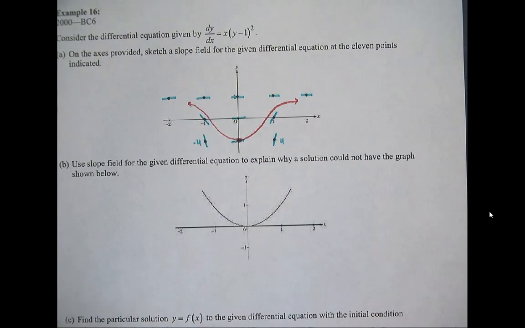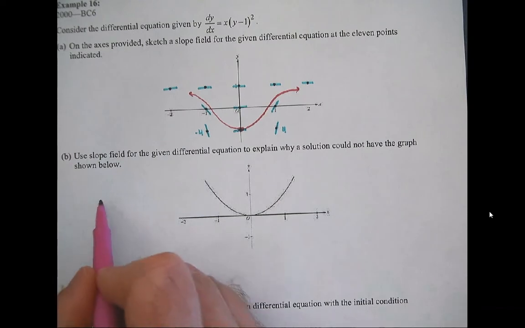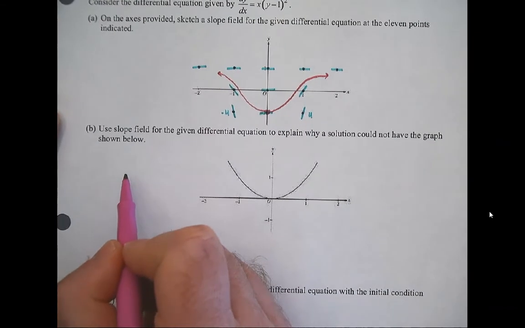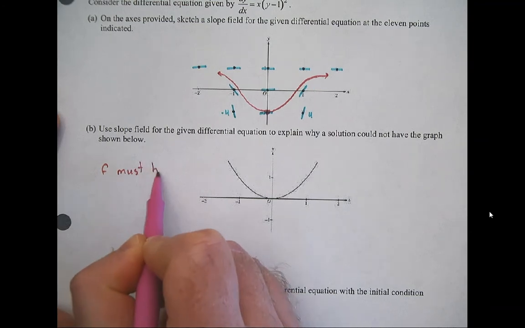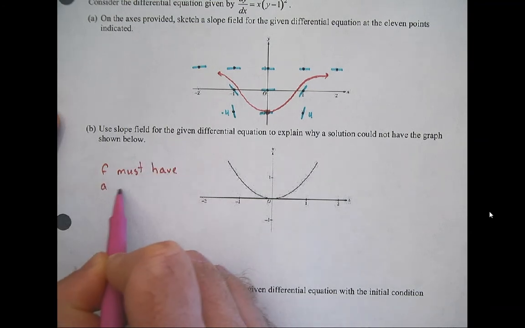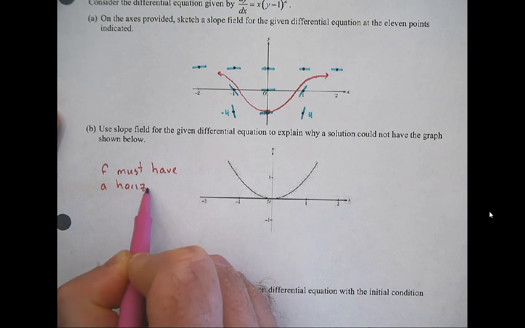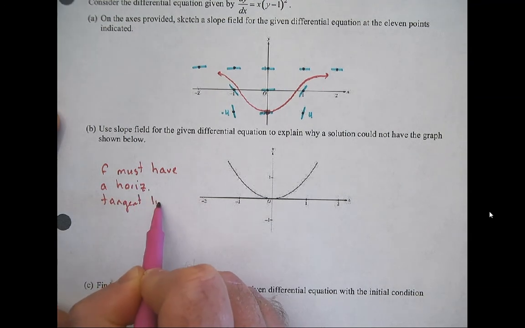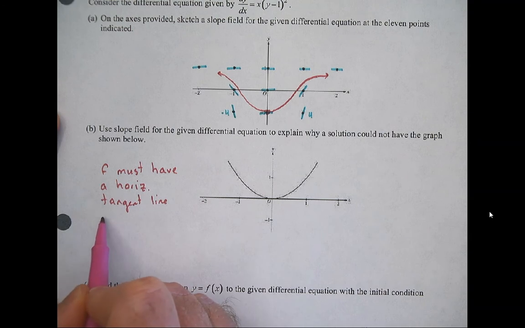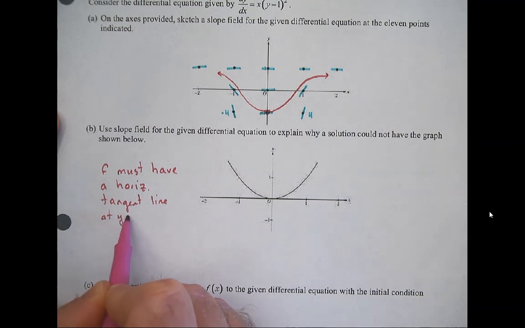So there's no way that this could work. I would say something along the lines of f must have a horizontal tangent line at y equals 1.